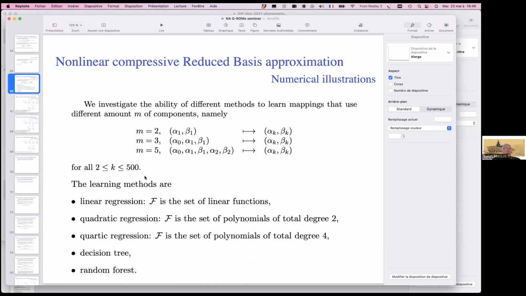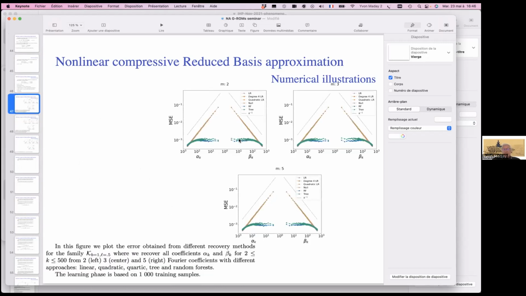So we need either random forests or trees or some artificial intelligence algorithm that can invert the mapping from A, B, L to the alpha and beta.